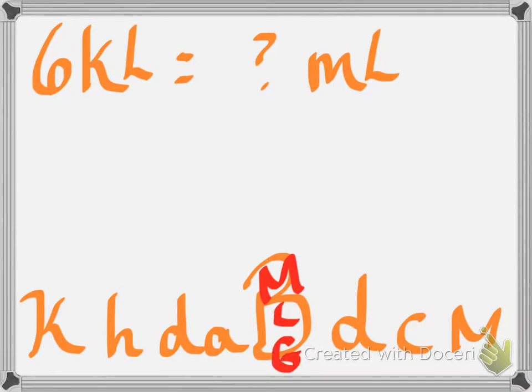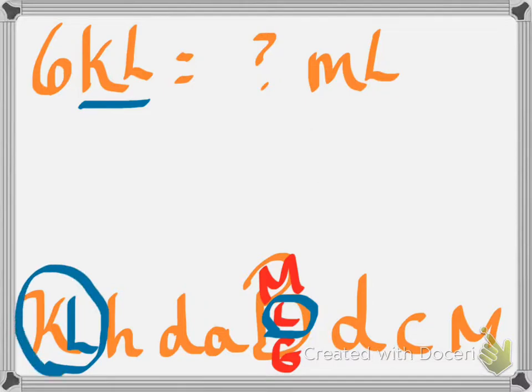Okay, now we are looking for kiloliters. Okay, so everything is going to be liters. So which letter here would make it kiloliters? That would be the K. There you go, circle it, and what do we put above it? The 6.